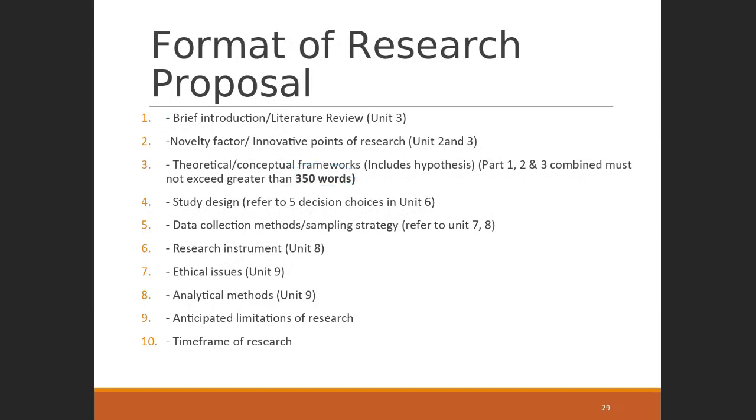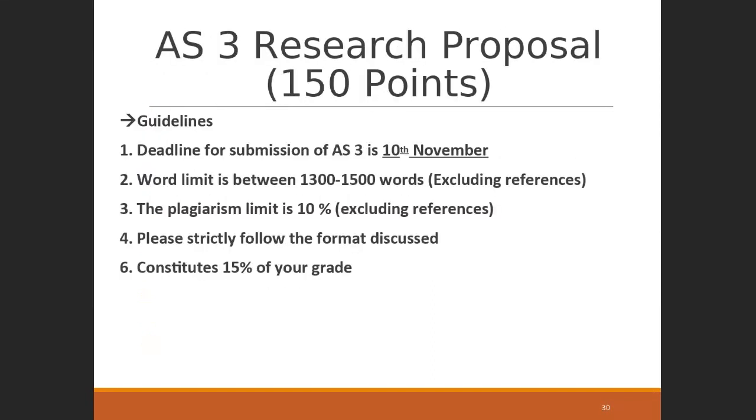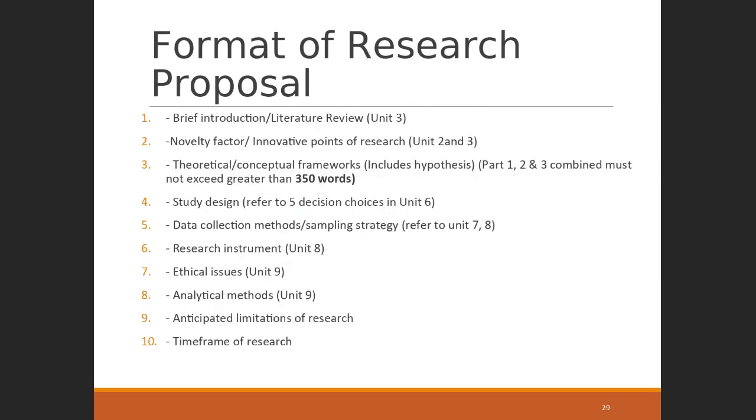In total, your research proposal should be between 1300 to 1500 words, excluding references. The plagiarism threshold is 10%, excluding references. You need to ensure that these 350 words will only count for 10% of your plagiarism, so you need to rephrase some of your own words as well.